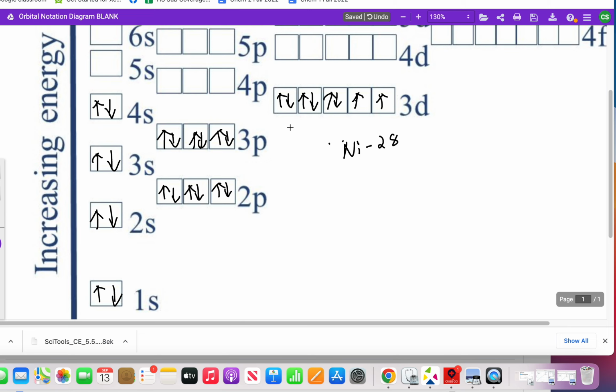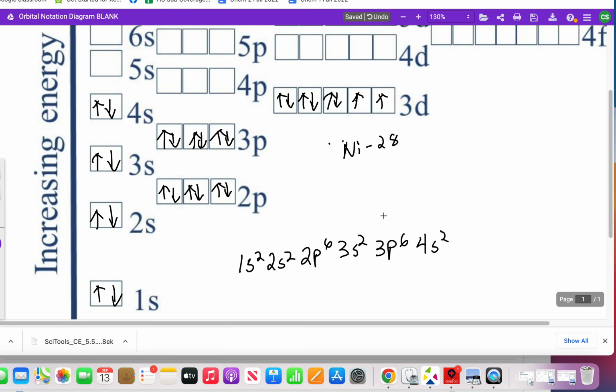All right. So now we can write the electron configuration. Start at the bottom. 1s2, 2s2, 2p6, 3s2, 3p6, 4s2.